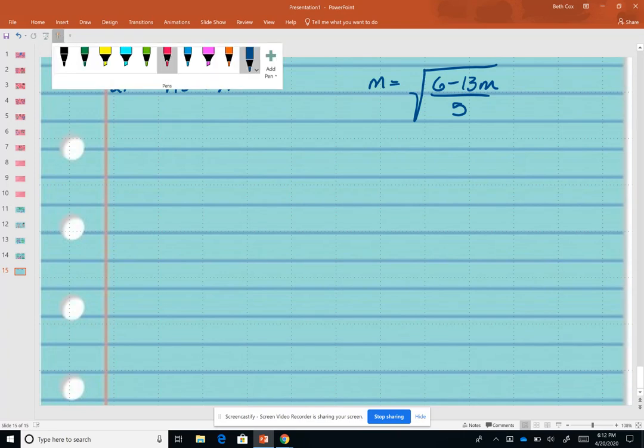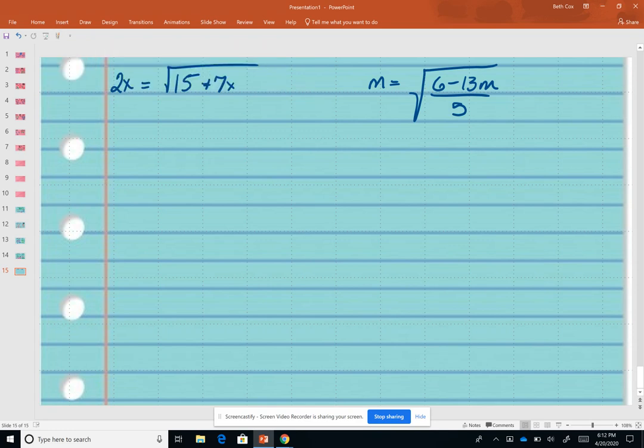This first one, we're going to raise both sides to the power of 2. So raise this to the second power and raise this to the second power. And that's going to give me 4x squared is equal to 15 plus 7x. Okay, so now the step is to solve. Solving this requires knowing how to factor.